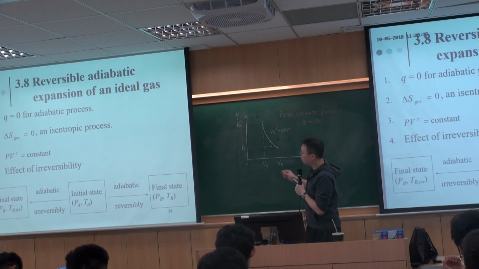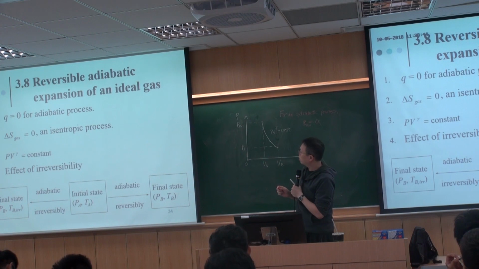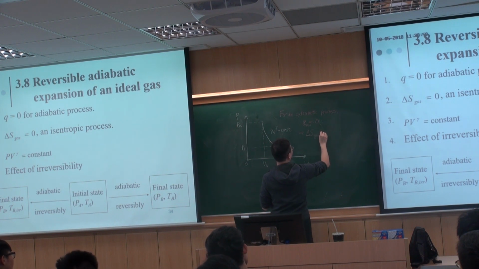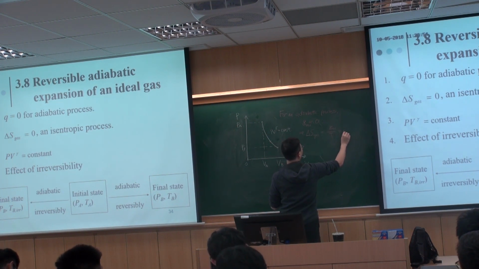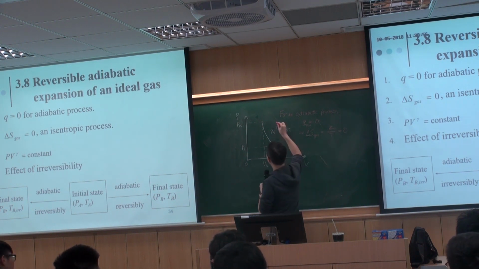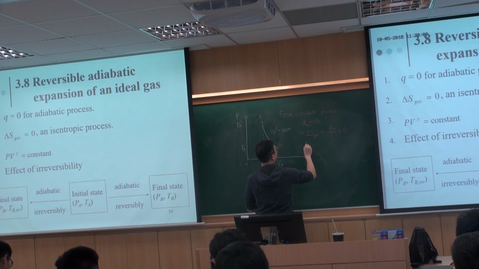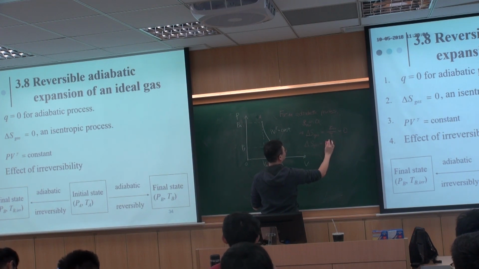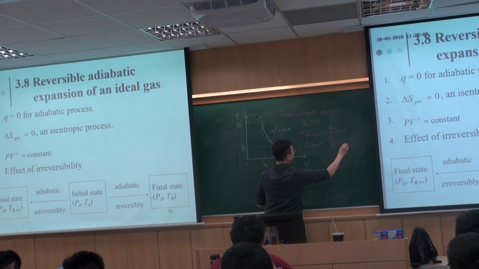By Q is 0, we mean Q reversible is 0, and therefore delta S of the gas is Q reversible over T. This should be 0, from state A to state B.